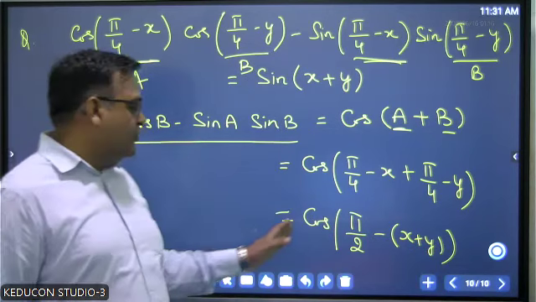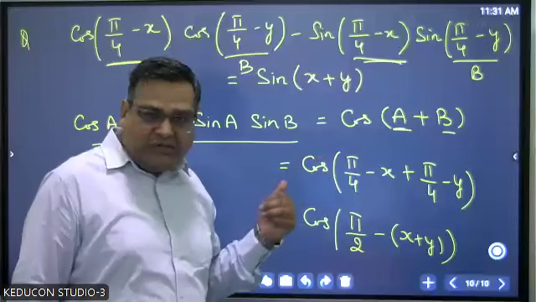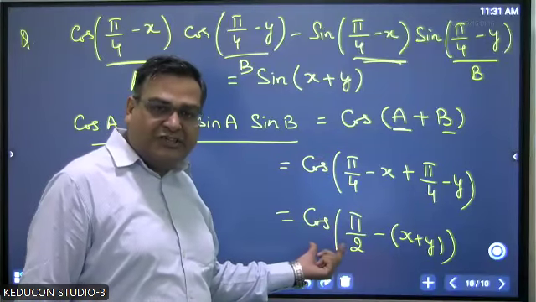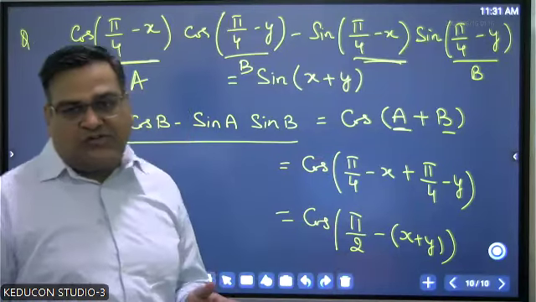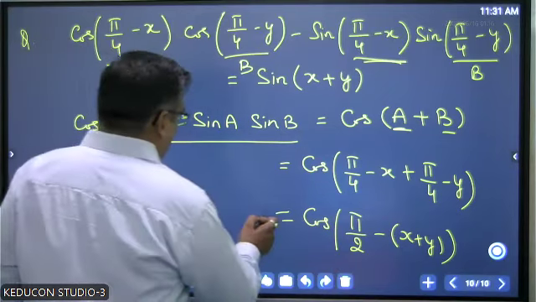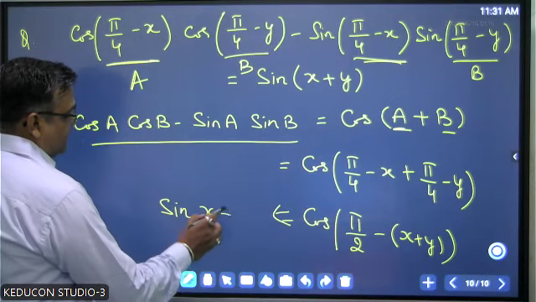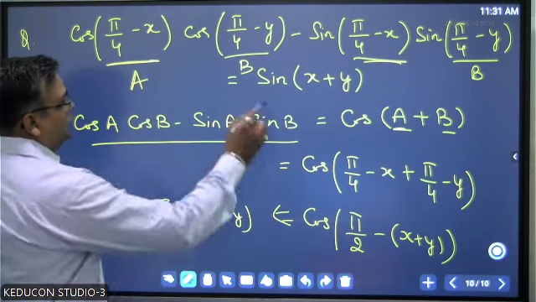Now as I told you, when this angle is 90 or 270, the trigonometric ratio will change. So cos of (90 minus theta) is equal to sine theta. Therefore this will become sine of (x plus y), and we had to prove this.